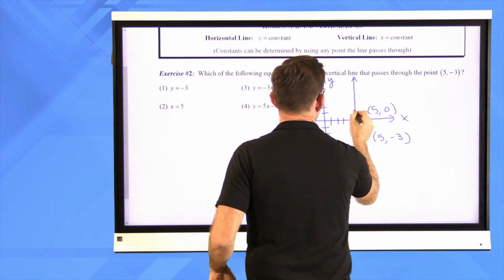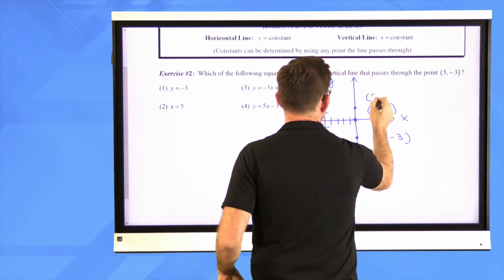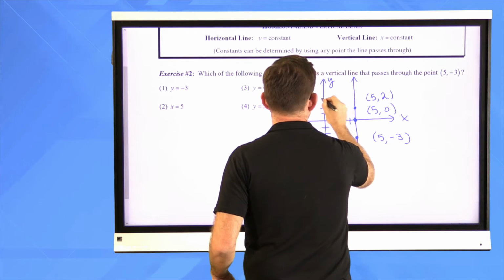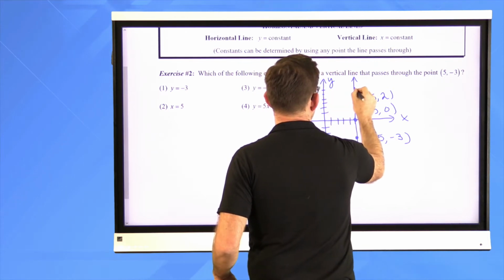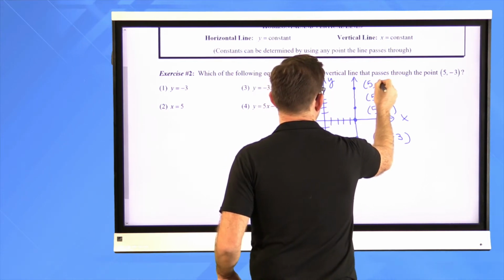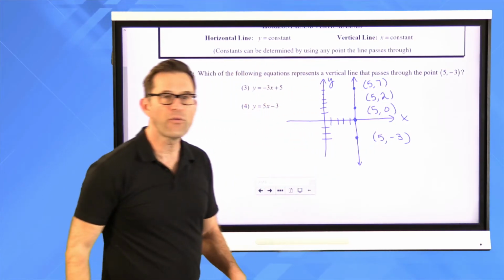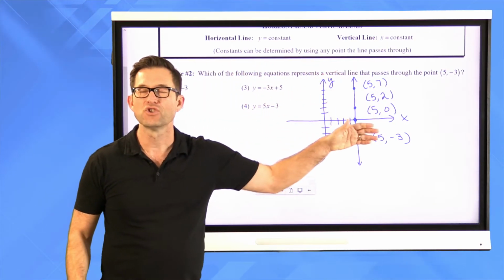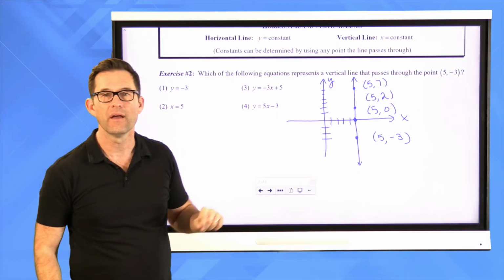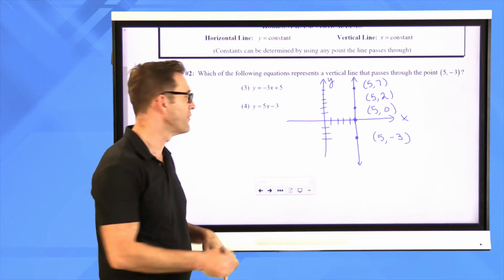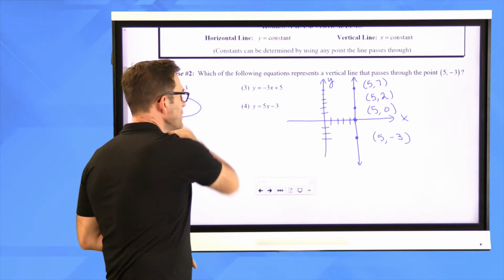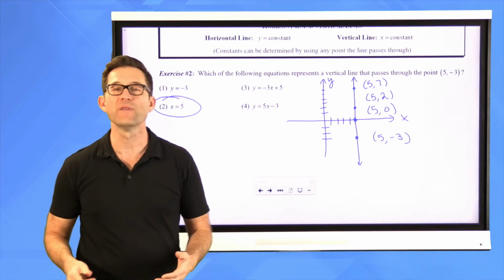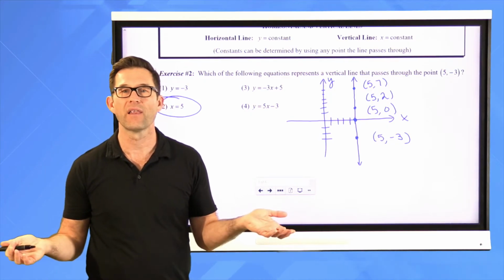If I went up here, that would be the point 5, 7, right? Every one of those points shares one thing in common, and that's x equals 5. So x equals 5 is an equation that describes every point on that line, right?